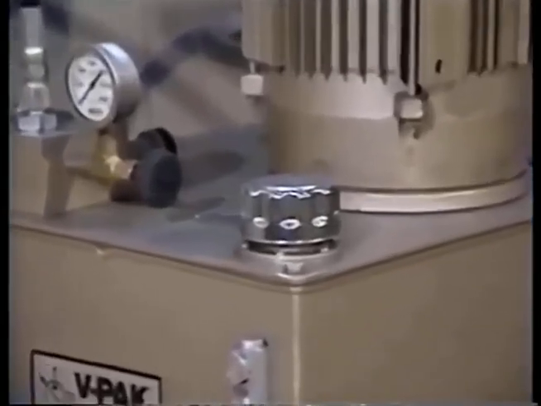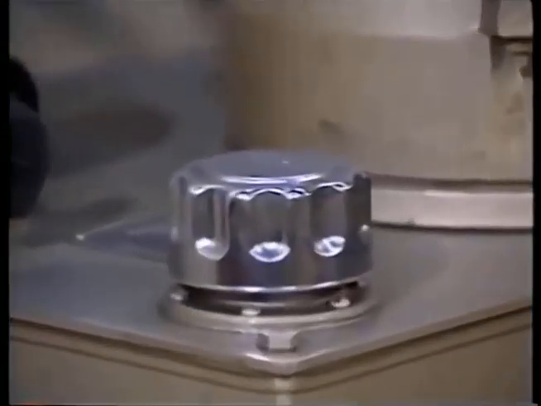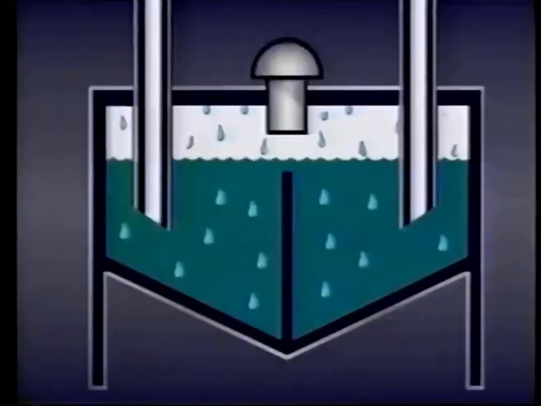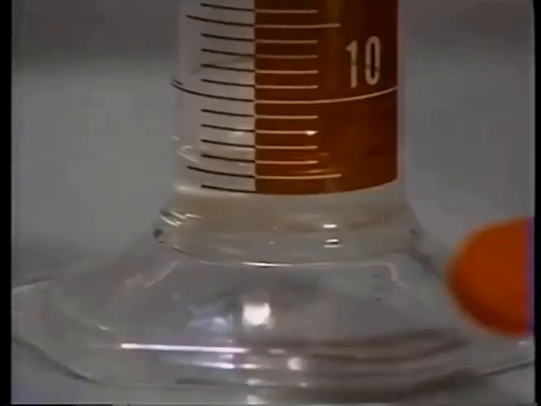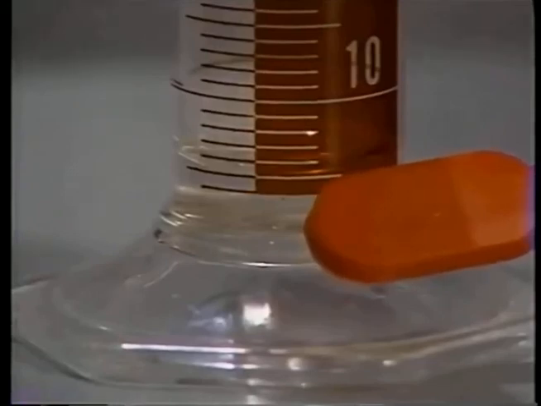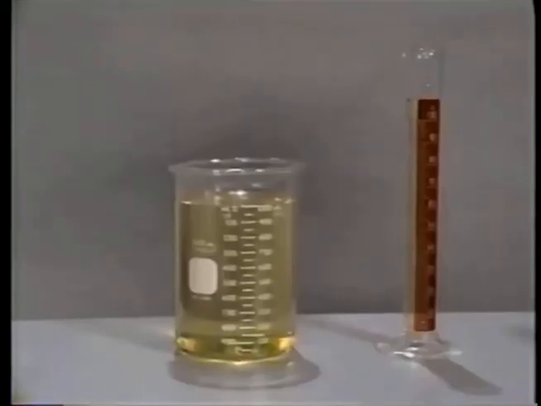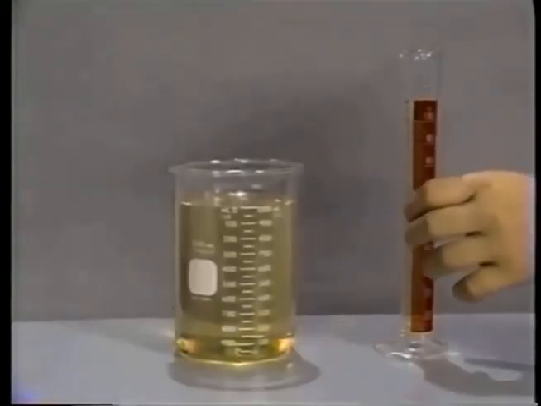Moisture-laden air is constantly drawn into the reservoir through the breather cap. When the system cools down, water vapor condenses out on the reservoir walls and eventually makes its way into the fluid.